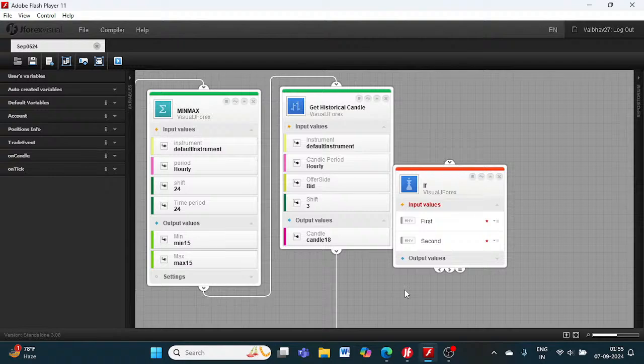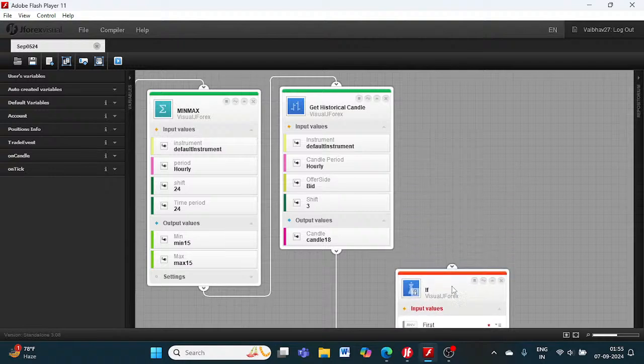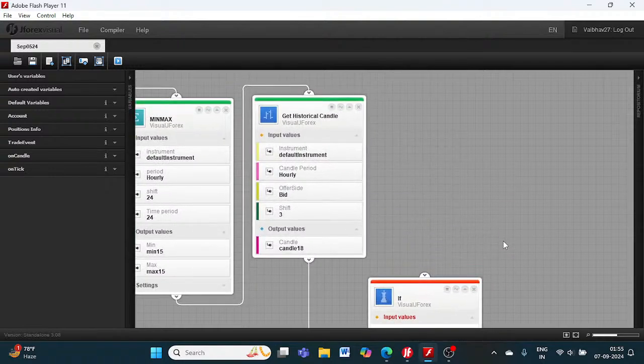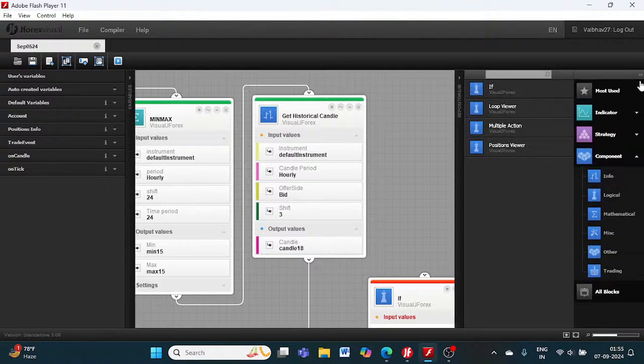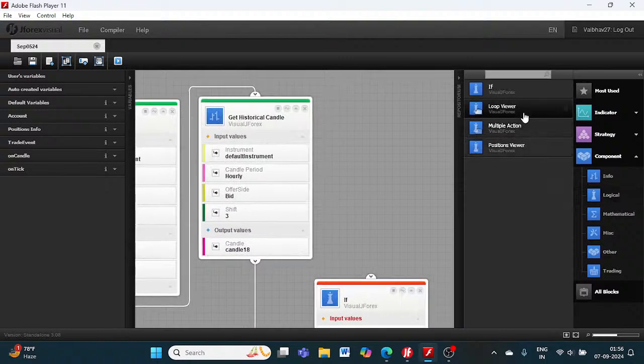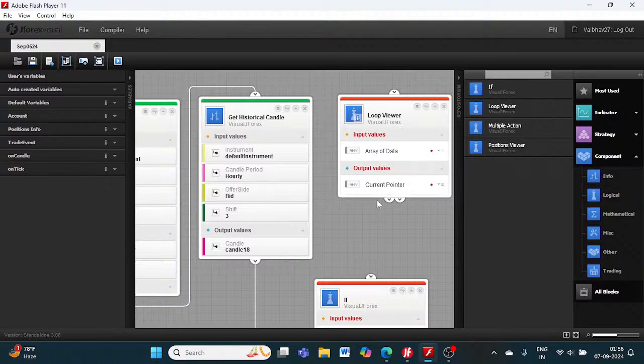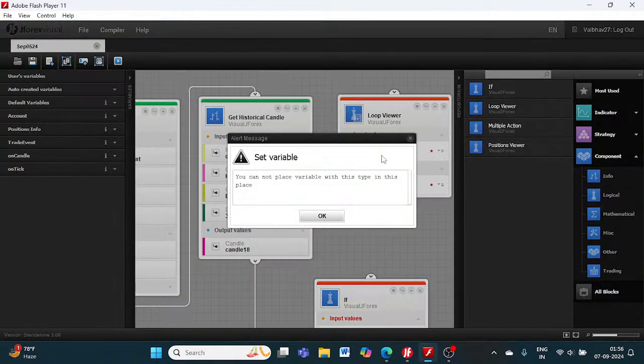So we need to replace the loop viewer because the candle 18 is an array of data points. So let me bring in info logical. All right, here is the loop viewer array of data. Here it comes.